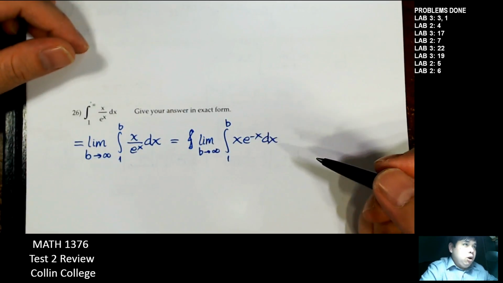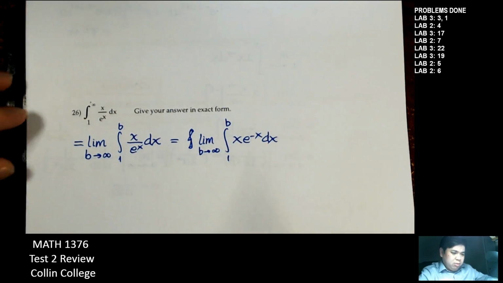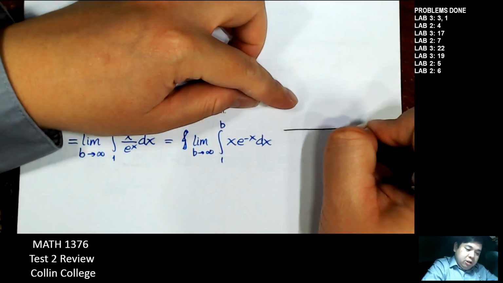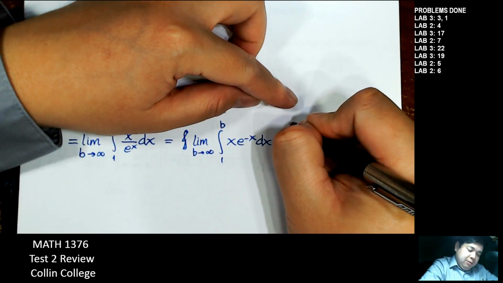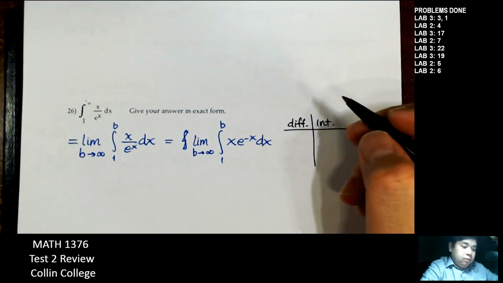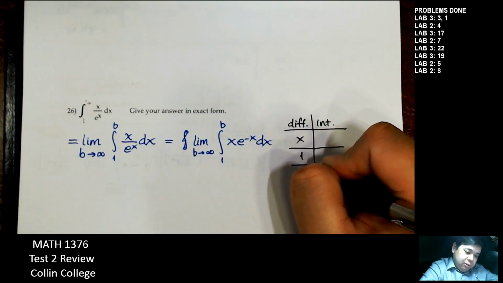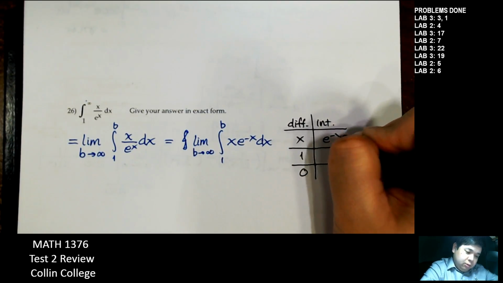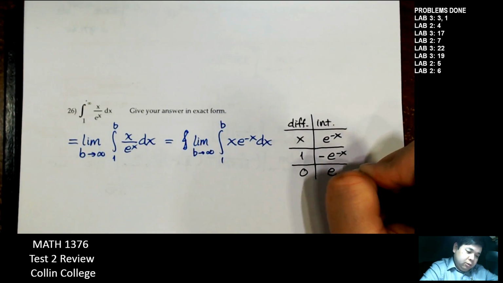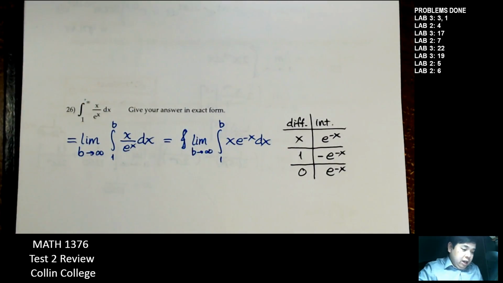Of course, that one is integration by parts, which is pretty much like we normally do. So integration by parts. Yeah, I skip a few steps, and that's what you should get anyway.